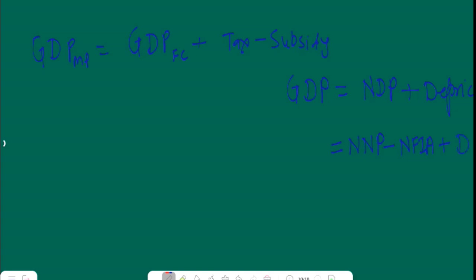Let's put it here. NNP at factor cost minus NFIA plus depreciation plus tax minus subsidy.